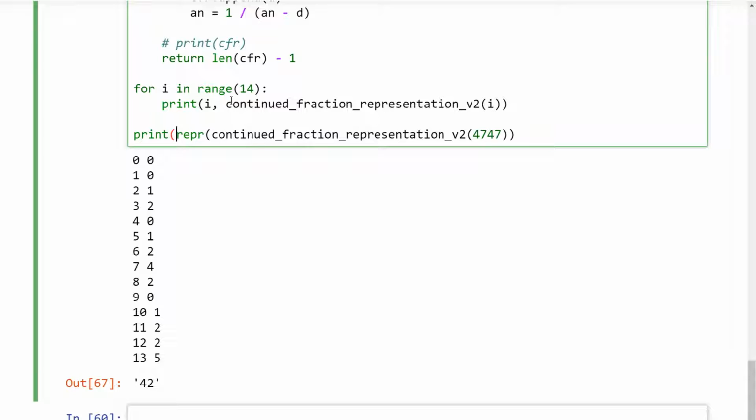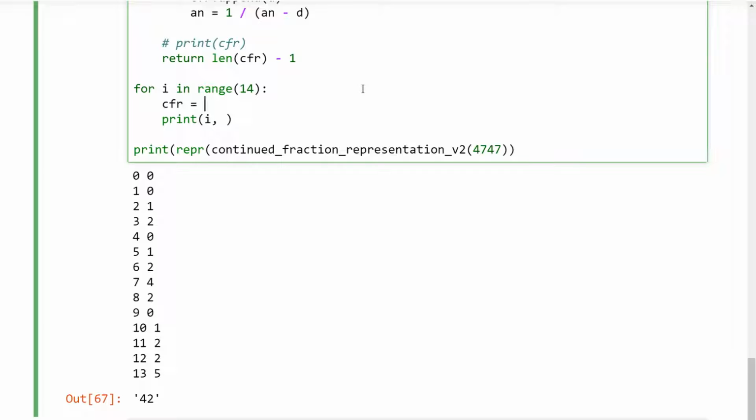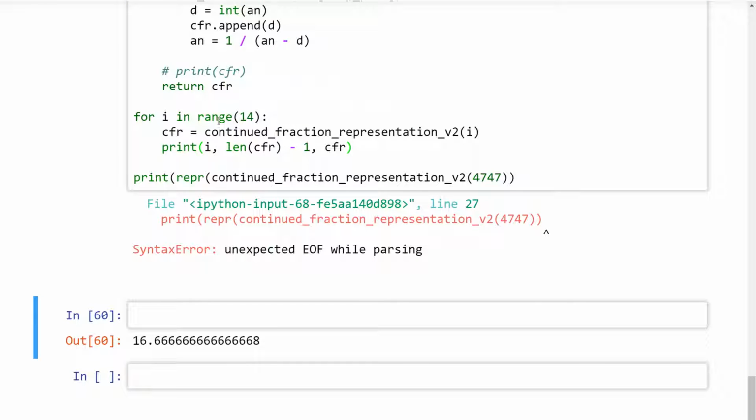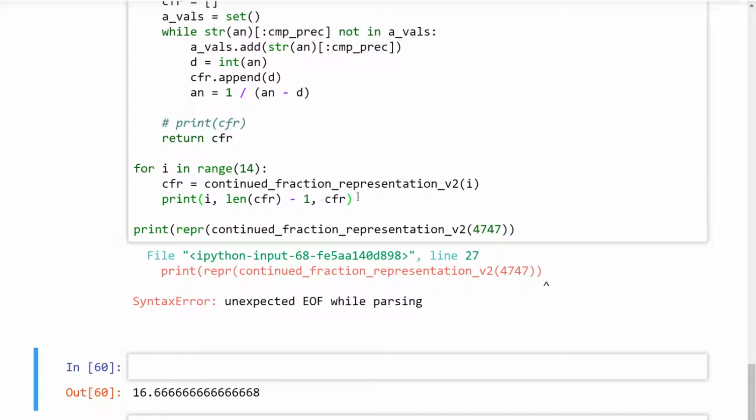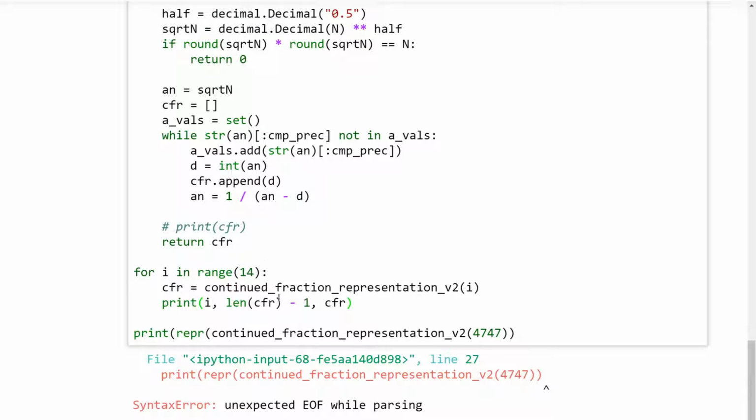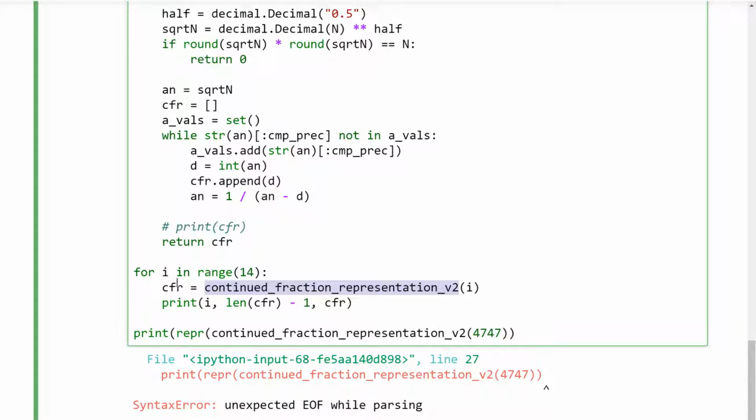Let me. Okay, so let's do CFR. Instead of doing this here, let's do... What am I missing? I think closing parentheses after the last line.